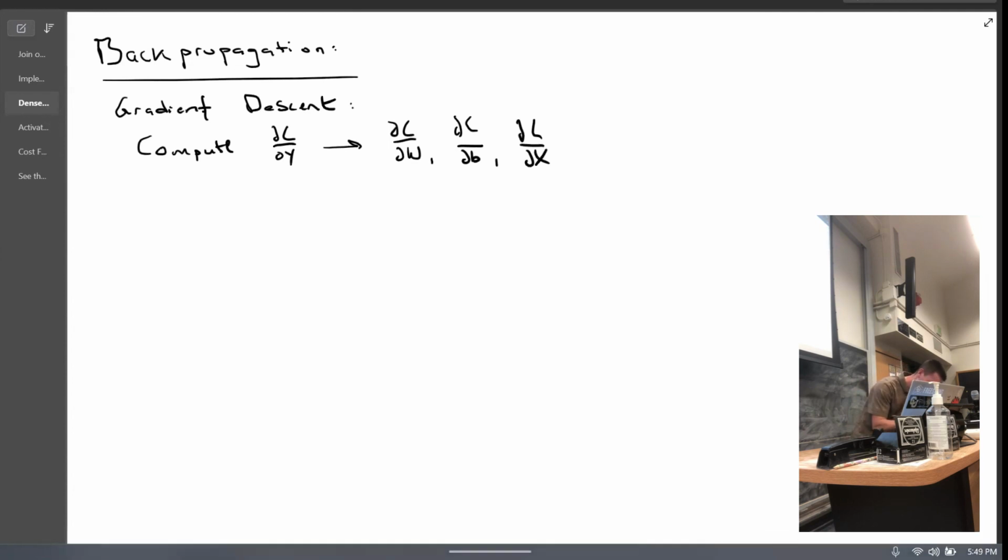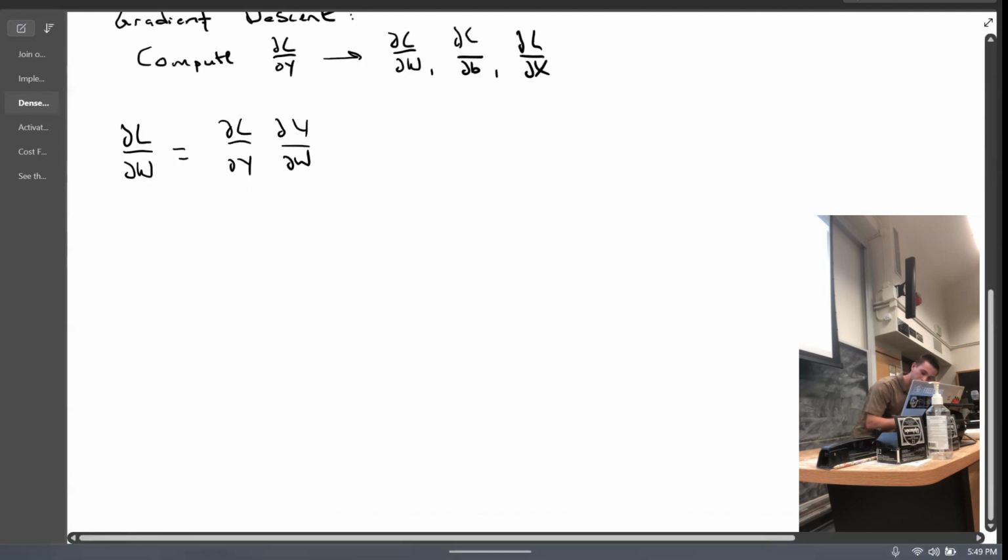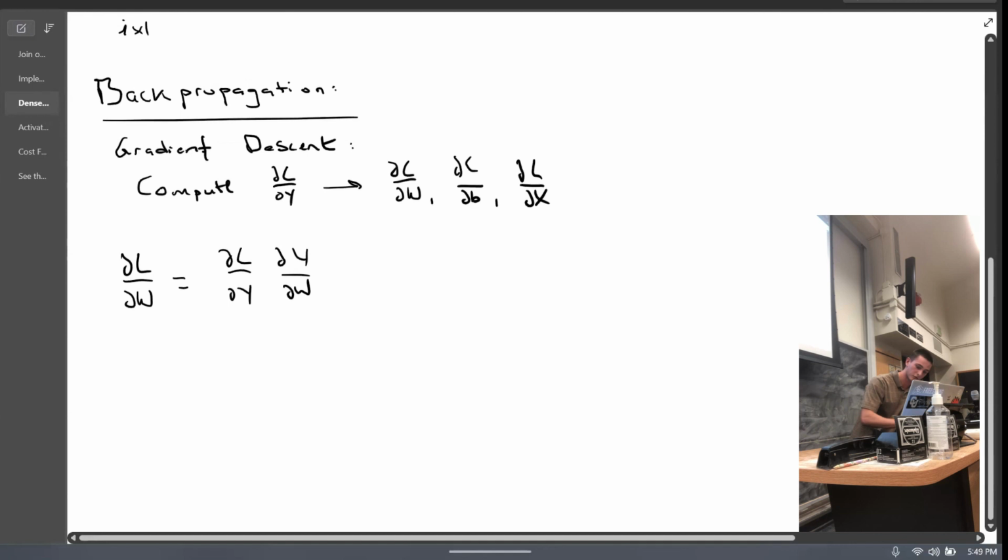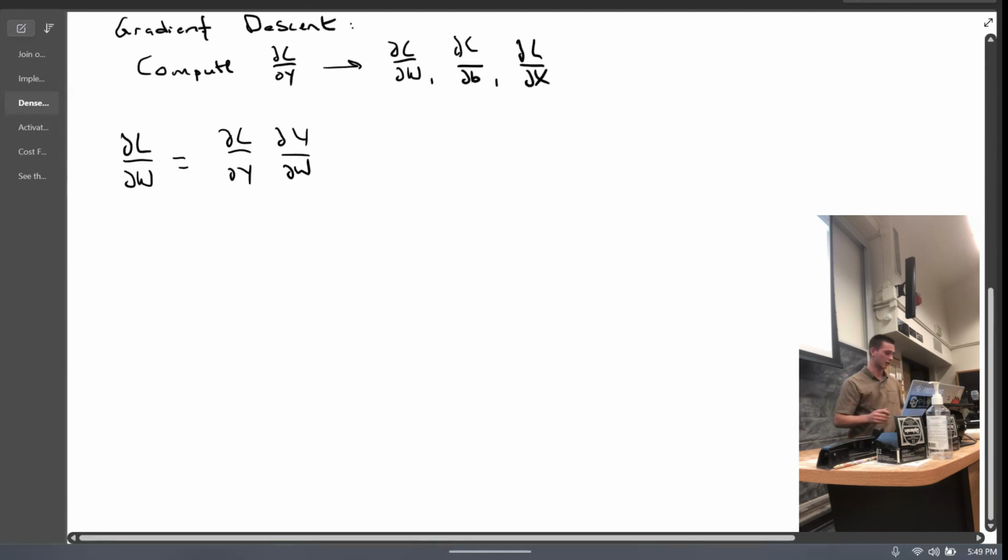Using the chain rule, let's start with this weight derivative. Partial C, partial W is equal to the derivative with respect to Y times the derivative of Y with respect to W. Let's look at a singular example.